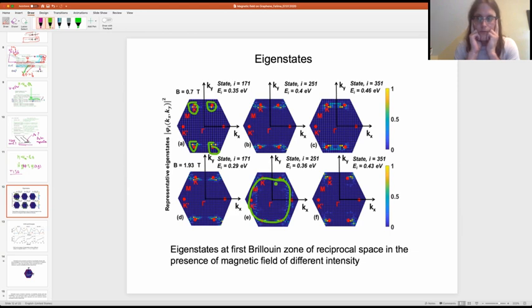Actually, in this electron probability density distribution, we consider only the conduction band. We did not consider the valence band. So it's just the conduction band. And each corner is one cone in the Brillouin zone.